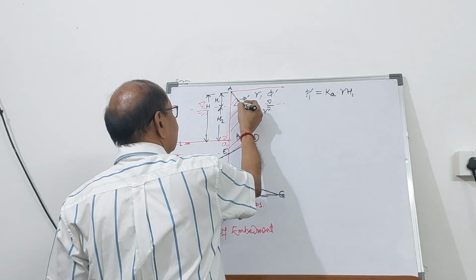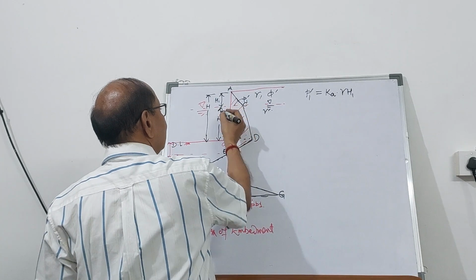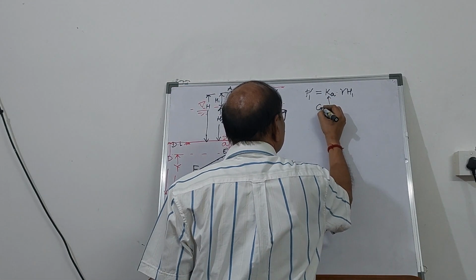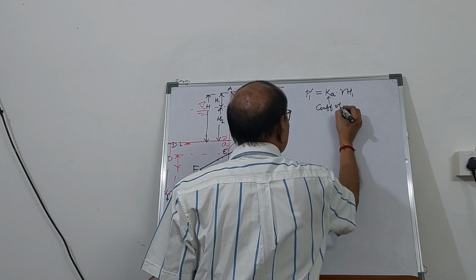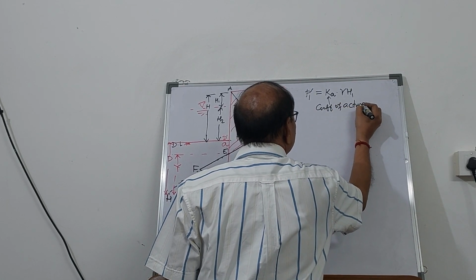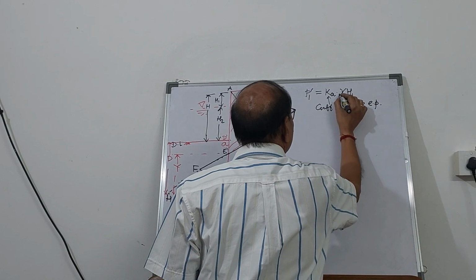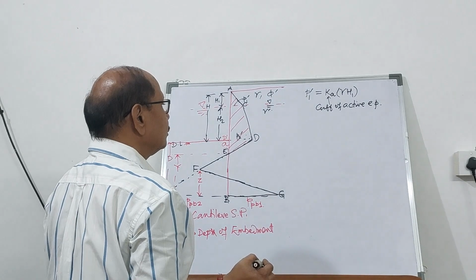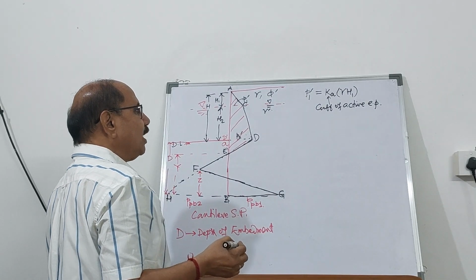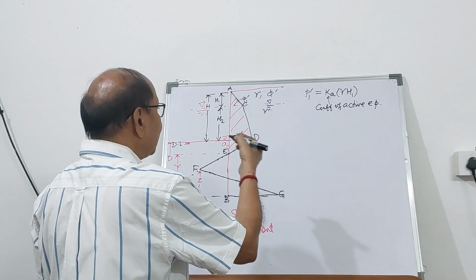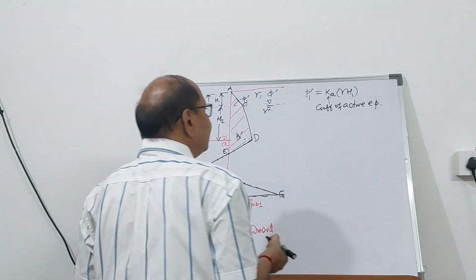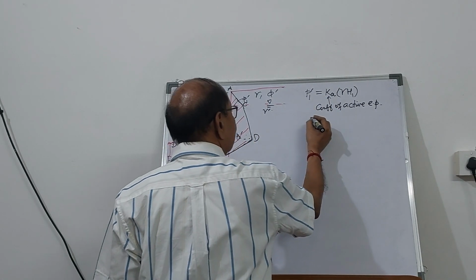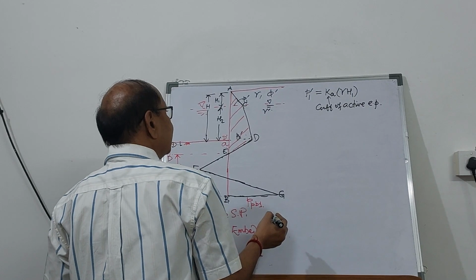So the active earth pressure at C is going to be P1 prime, which is going to be K, where K is called the coefficient of active earth pressure, and this is the vertical pressure, gamma into H1 overburden multiplied by K will give you the lateral pressure or horizontal pressure. So P1 prime is going to be K into gamma H1.